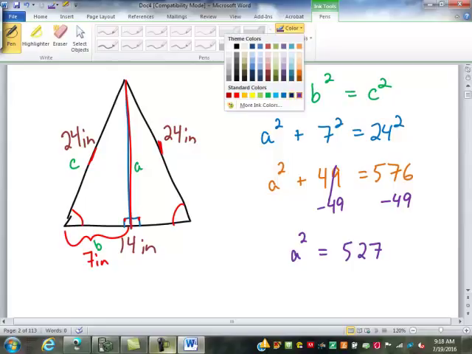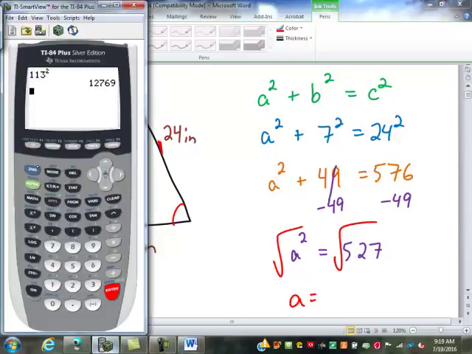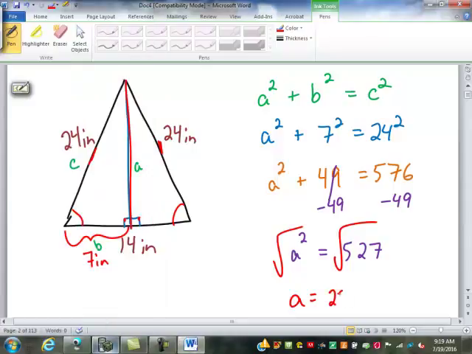And then we have to square root it. And yes, this one does not come out pretty. 22.956 we're going to call it. So that's the height.